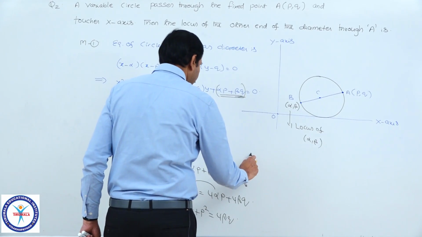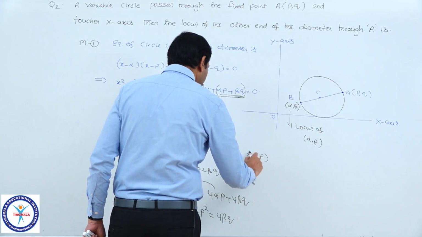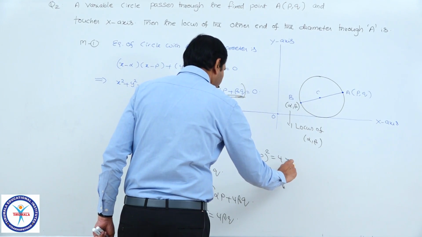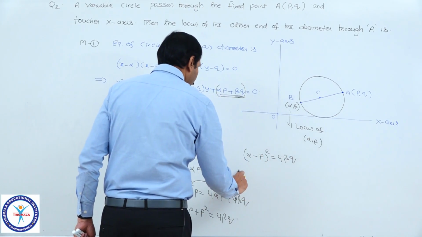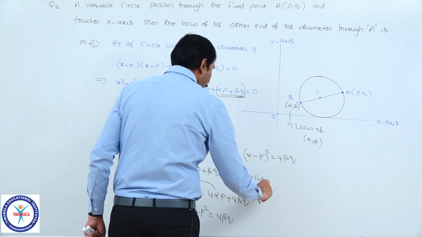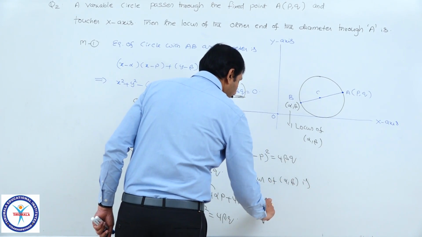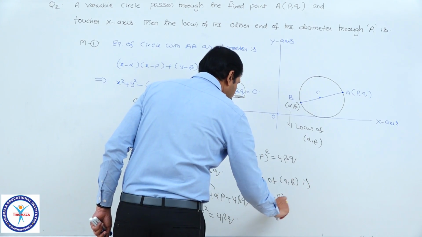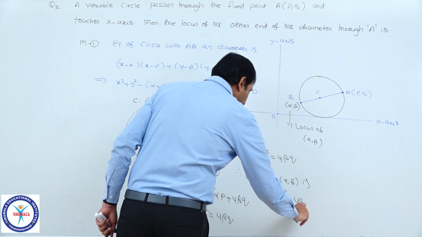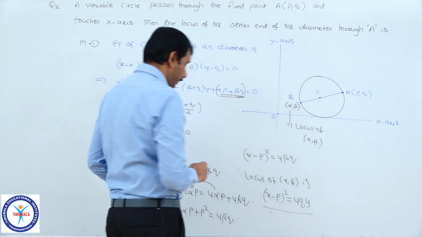Left hand side, it is alpha minus p whole square is equal to 4 beta q. Therefore, the locus of alpha, beta is x minus p whole square is equal to 4qy, which will be the answer.